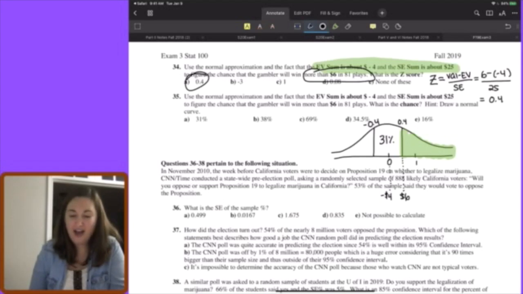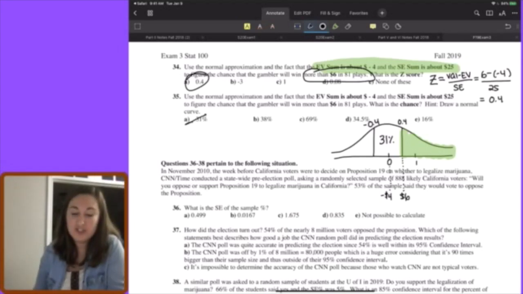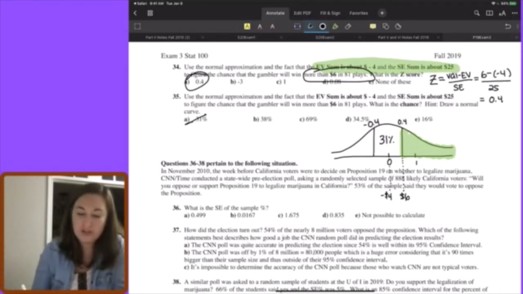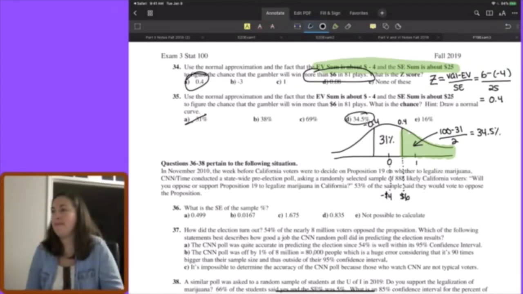But that's not my answer. That is an answer choice, but that's not my answer. My answer here is what's the chance they'll win more than $6? So just the tail this time. So this is going to be 100 minus 31 divided by 2. And I get 34.5%.